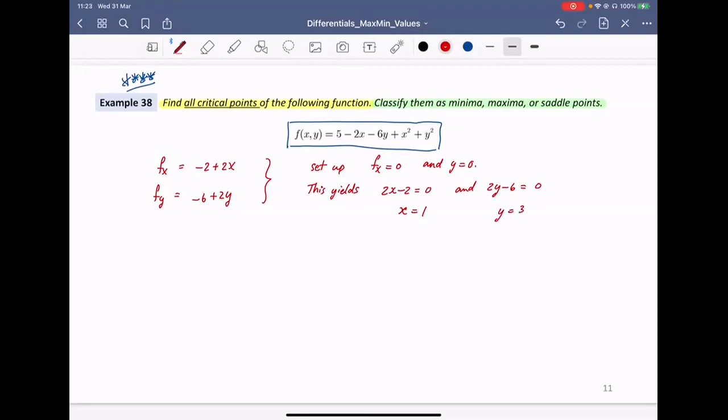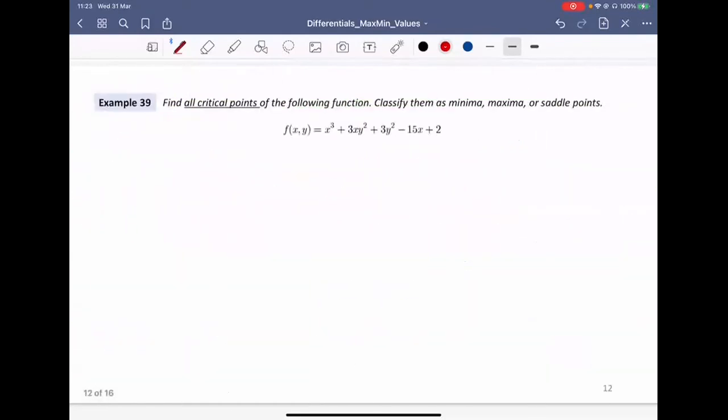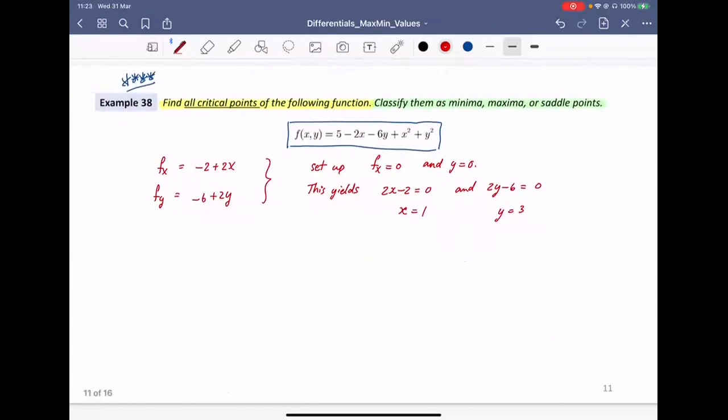This is a different function from before, but the critical point here is x equal to 1 and y equal to 3.